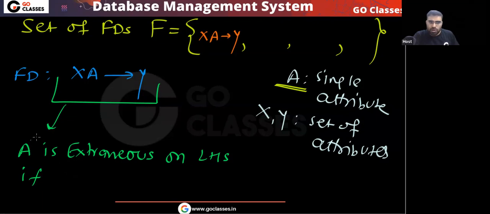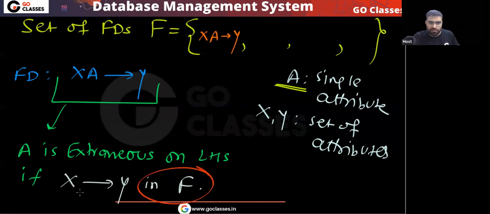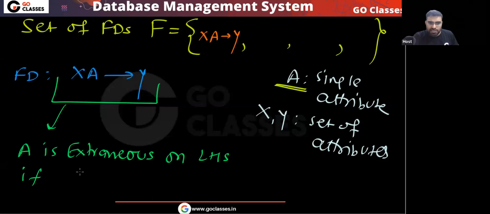Is this clear? So remember, this A is extraneous on the LHS if X can derive Y in F. In this F. So very simple point. X can determine Y in this F. This is what I'm saying, that A is extra.